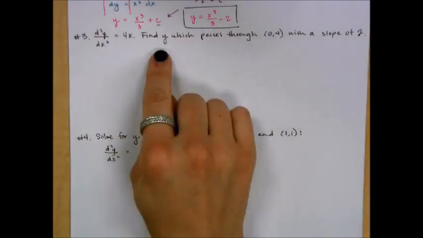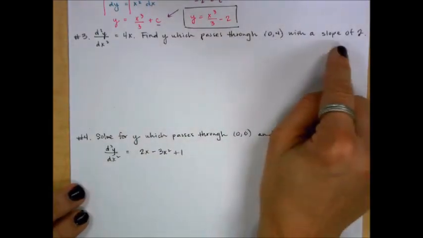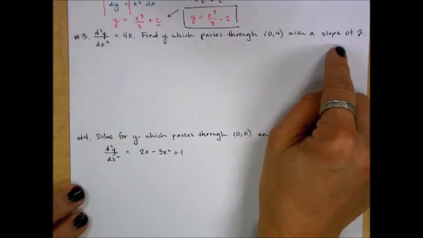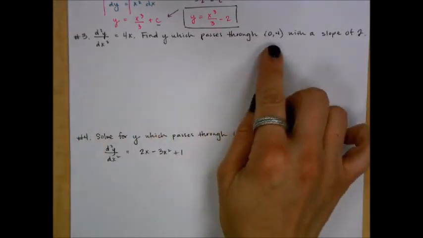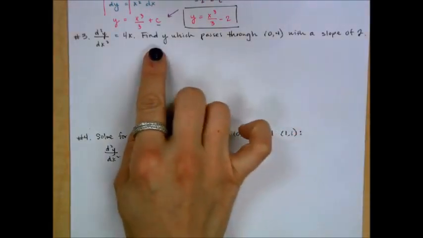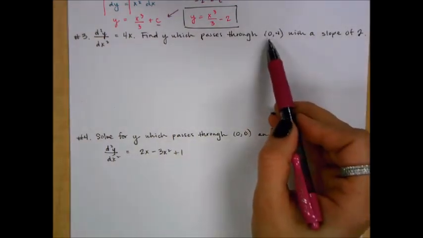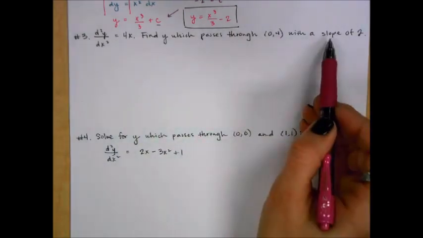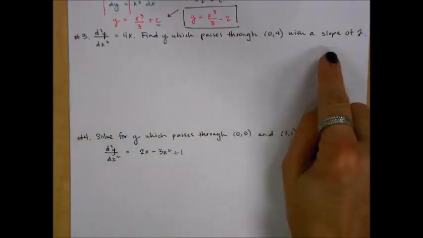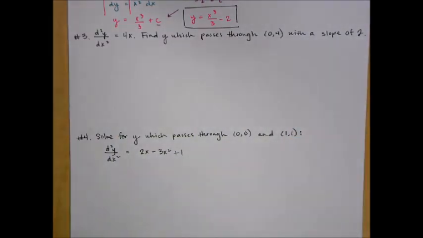This one says y passes through 0, 4 with a slope of 2. So a couple things going on here. Like the previous problems, we're given a point that we pass through. This is a point that y passes through. We're told though that at that point we have a slope of 2. That is, the function has a slope of 2 and the tangent line's slope is 2. So it's both things happening here.